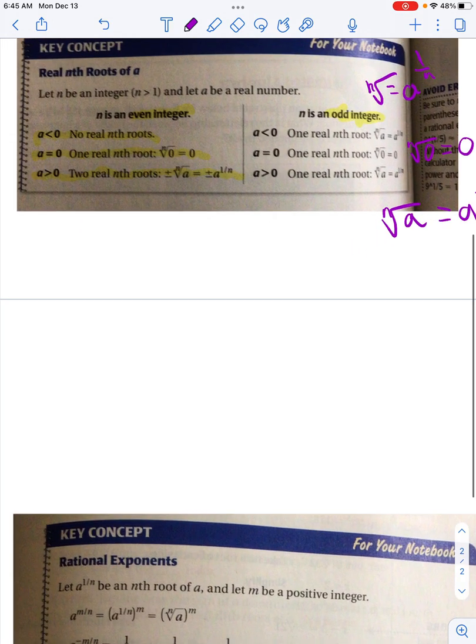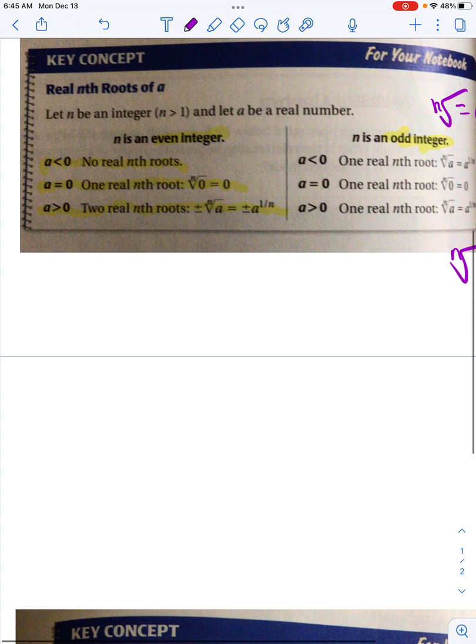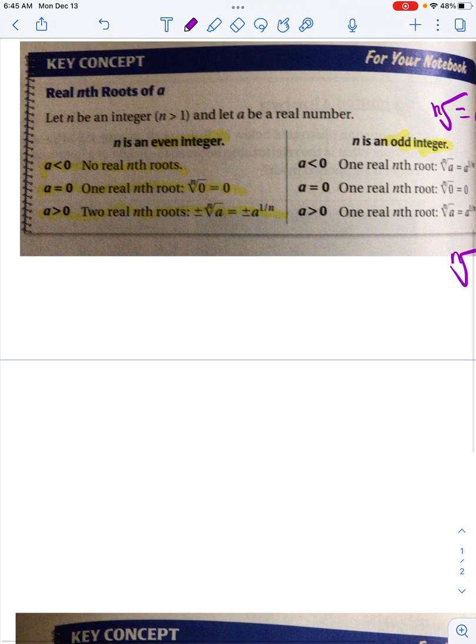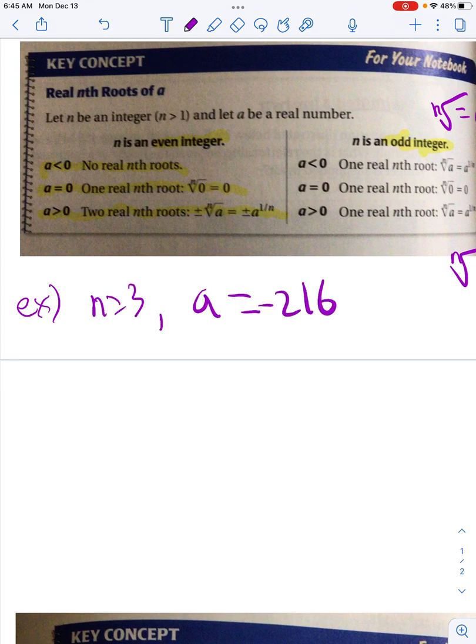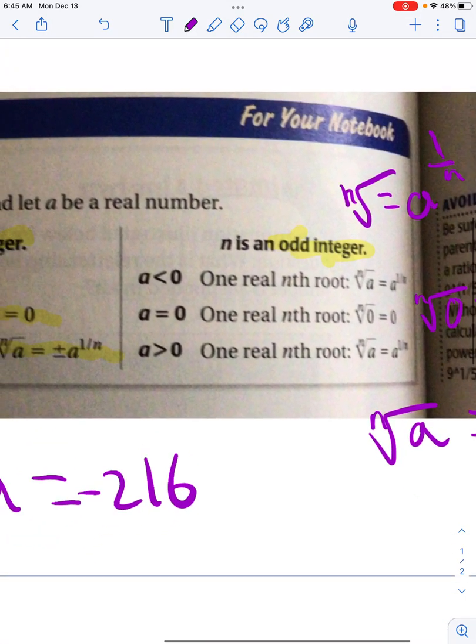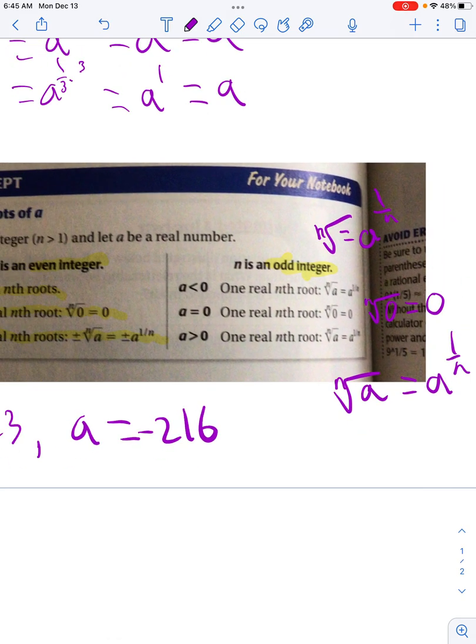So here's an example. Find the indicated real nth roots of a. Let's say that n equals 3 and a equals negative 216. Because n equals 3 is odd and a is a negative number, so a is less than 0, I'm looking at this top one, which has one real nth root.